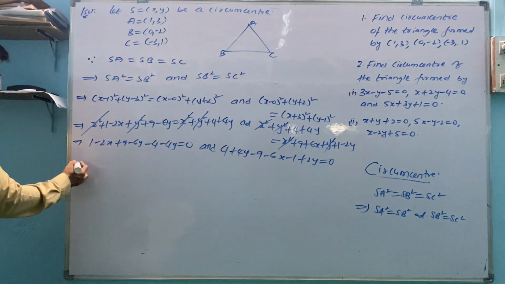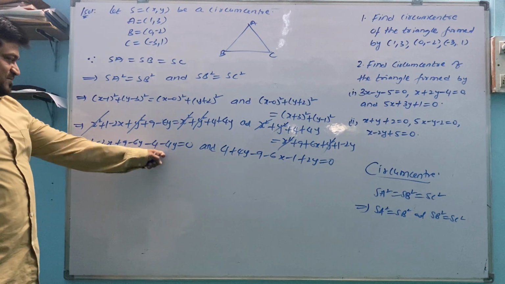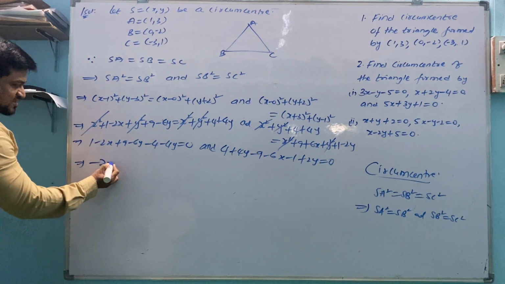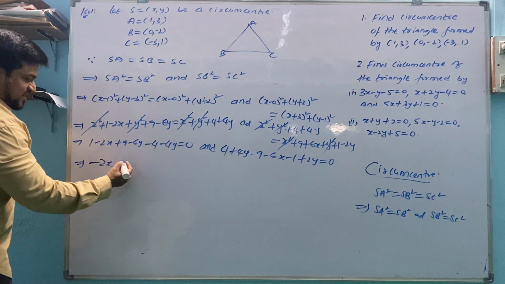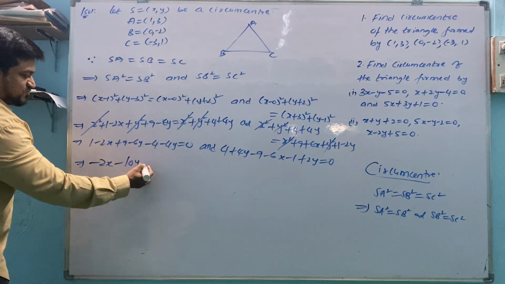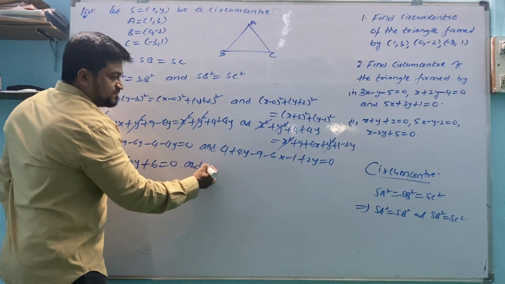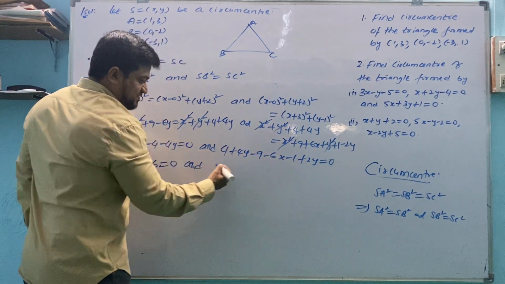Now we have to arrange the terms in order. Minus 2x, x terms are there? No. So minus 2x. Y terms: minus 6y minus 4y, minus 10y. 1 plus 9 is 10, minus 4 is 6, equals 0. And x terms, 6x with minus sign.